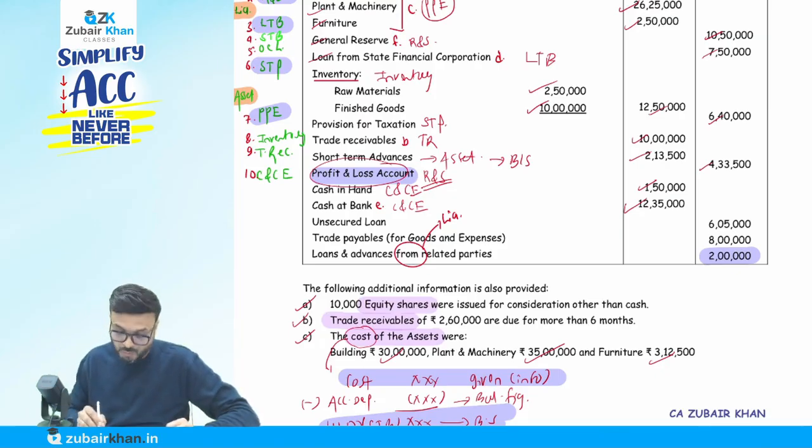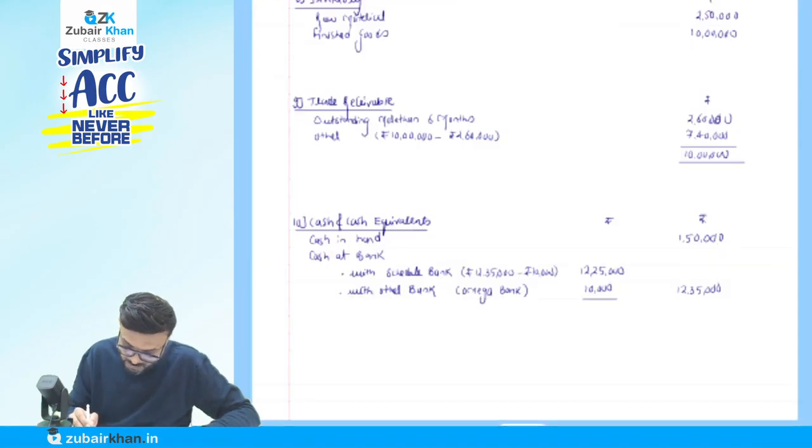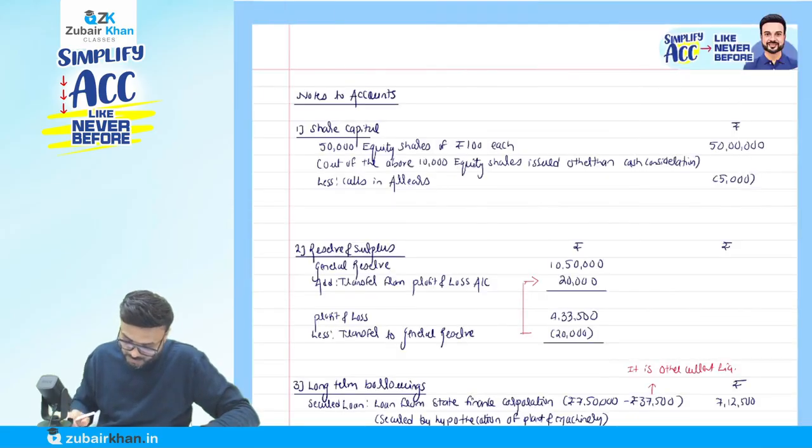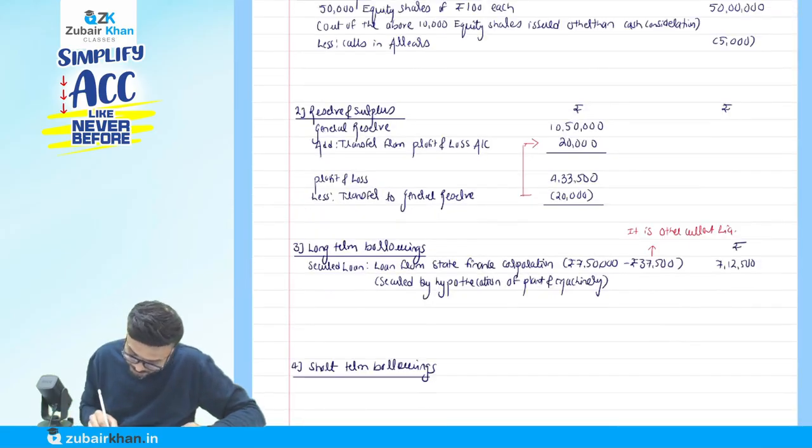Now, unsecured loan. They have mentioned the secured loan and the unsecured loan. How much do we have here? 6,05,000. So write down here in long-term borrowing the unsecured loan.